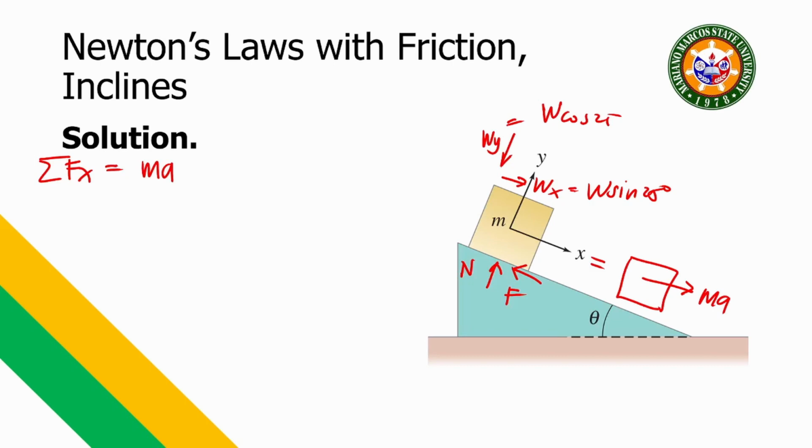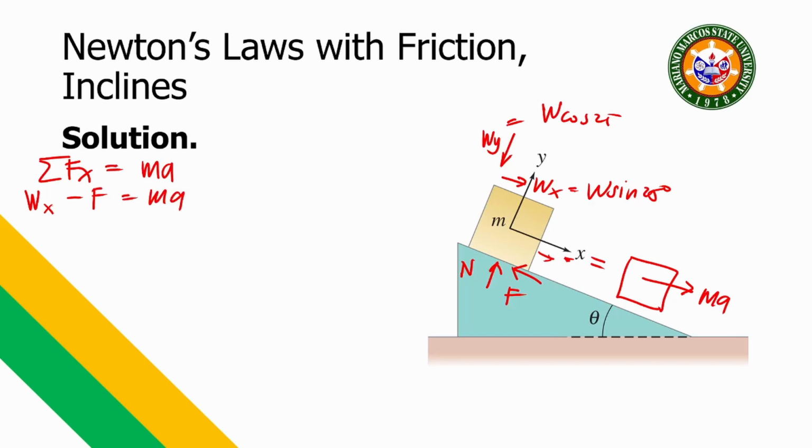So, along the x-axis, we have here positive Wx and then minus F, which is against yung direction ng ating positive x-axis. Positive is this direction. So, against yung F natin, so minus. Minus F is equal to ma.